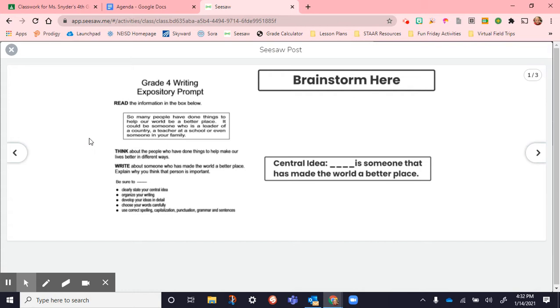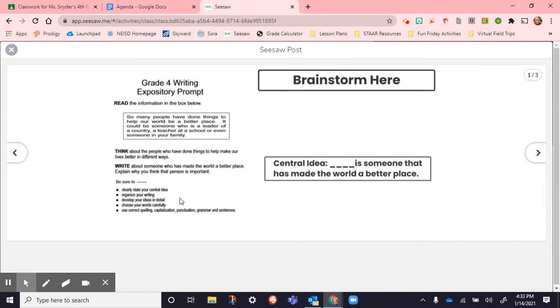So don't just give a long laundry list of all the things that they've done. Maybe a lot of you are doing civil rights type things, like this person fought for this and this person believes this, and that's great, but you have to tie it back to this sentence about explaining why you think that person's important.